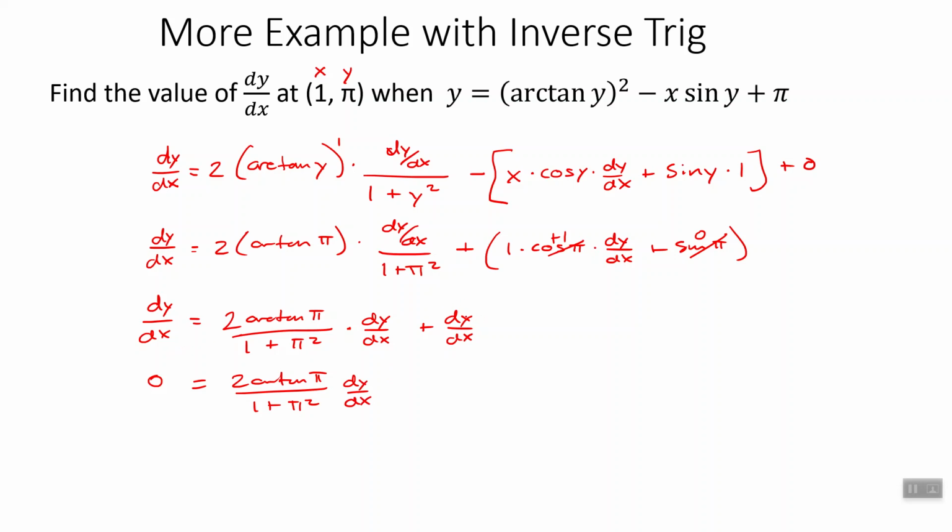So those two are going to cancel each other out. All right. And now if we divide both sides by this guy here, 2 arctan pi divided by 1 plus pi squared, 0 divided by a number is going to be 0. So we get that our derivative dy/dx is 0 here.